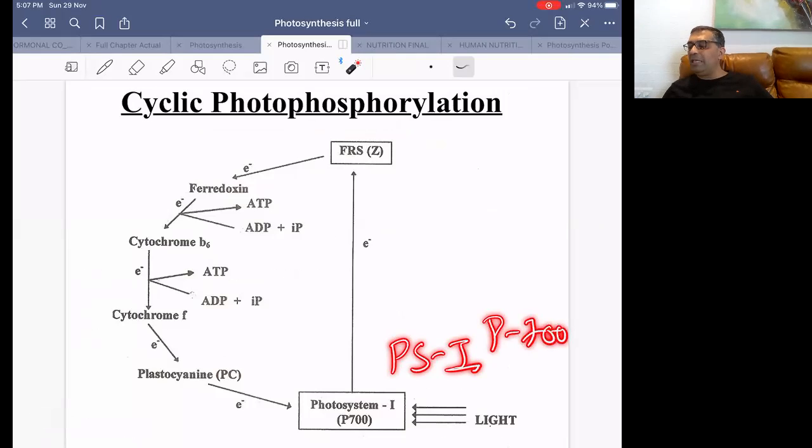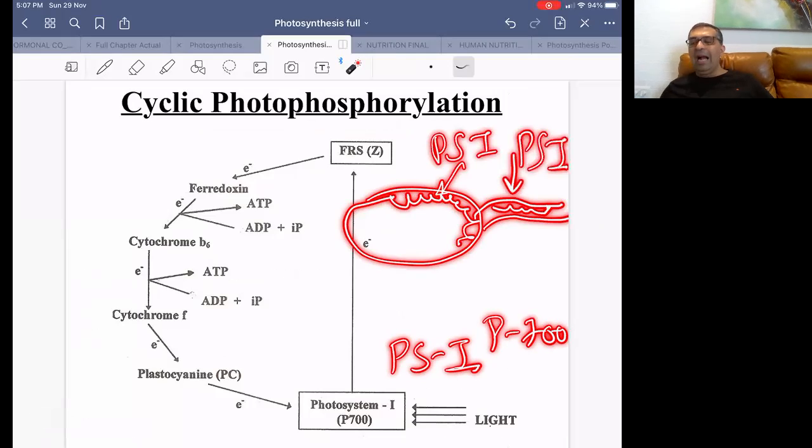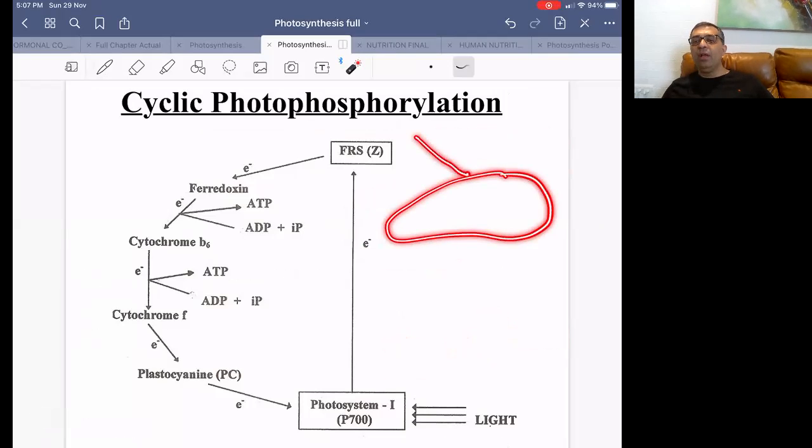And this is present on the outer membrane of the thylakoids and on the intergranal lamellae. Here we have PS1, photosystem 1. And how will this take place? When light falls on a leaf, it passes through the peristromium, goes into the grana.